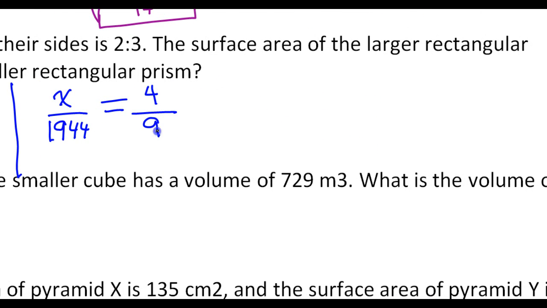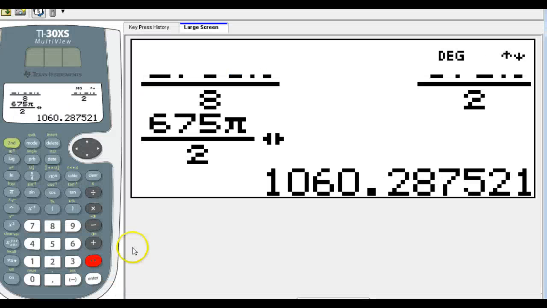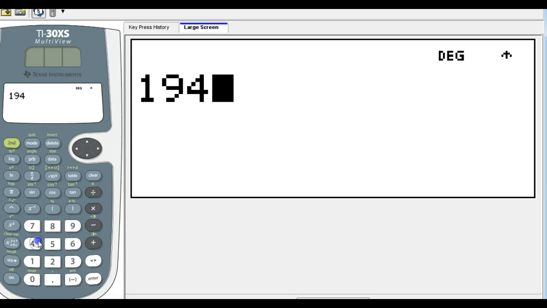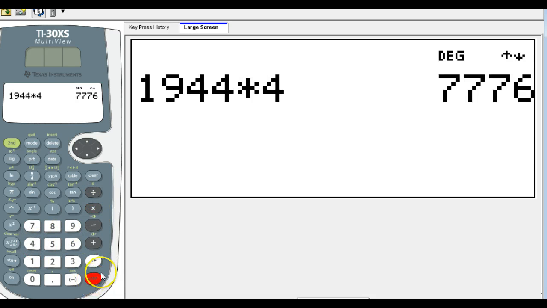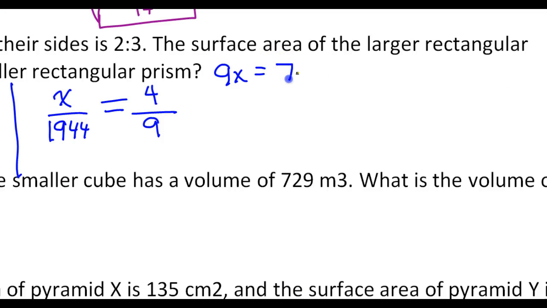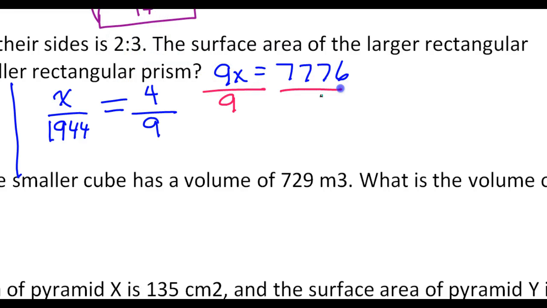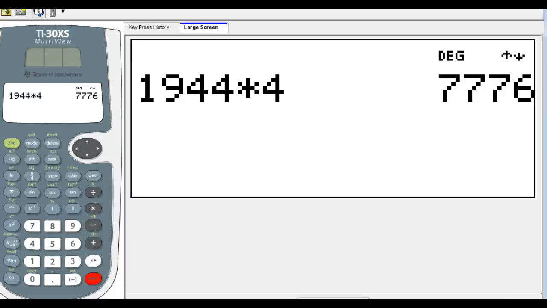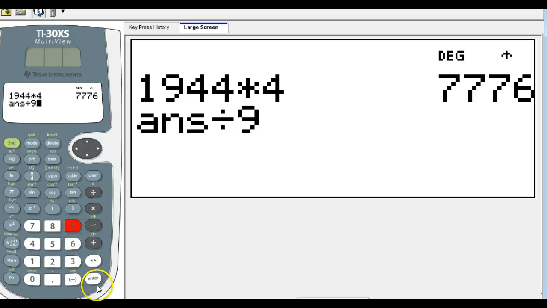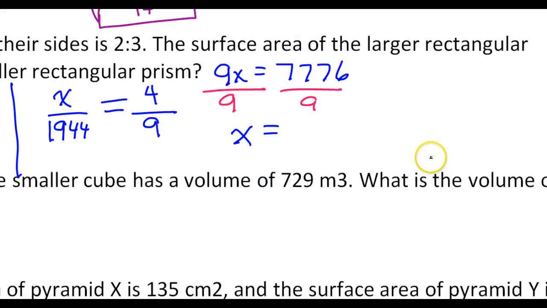That gives us 9x equals 1,944 times 4, which is 7,776. Now we divide by 9, and we get 864.